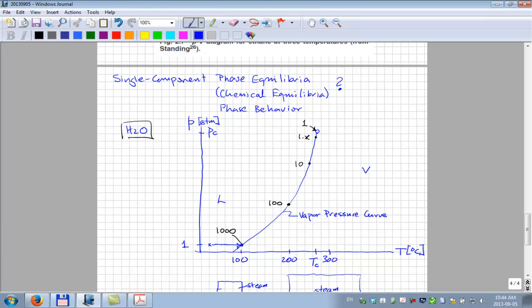But in reality, we really don't have a formal definition unless there are two phases together. This is vapor-like, this is liquid-like. That you can say. But only along the curve here where there are two phases. Only along here do you actually have vapor and liquid well defined.